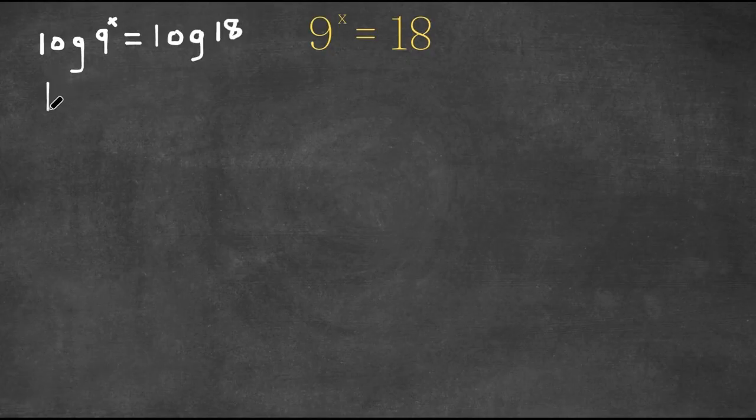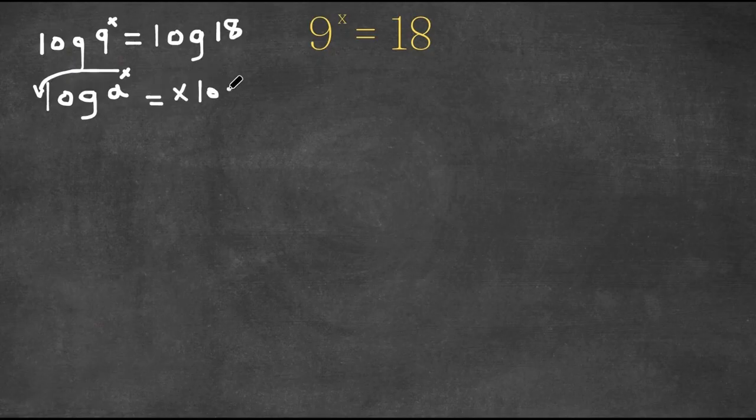So if we have something in the form log a to the power of x, this is known as the power property, and what it means is that we could actually move this exponent in front of the log, meaning this would also equal x log a.